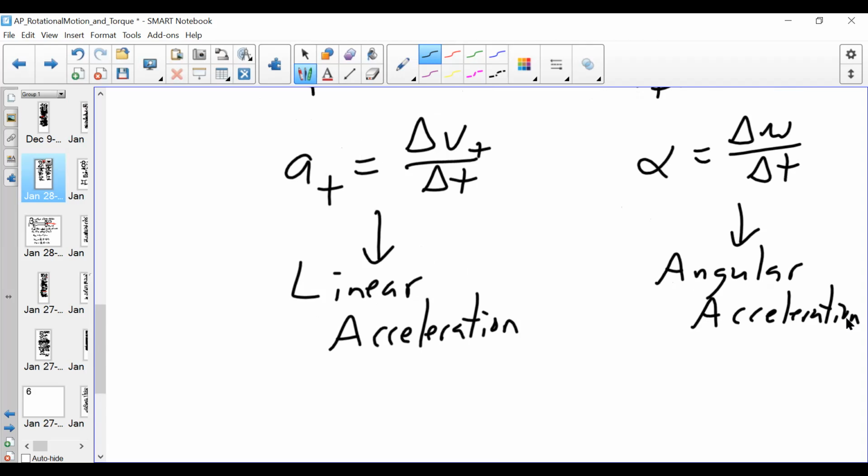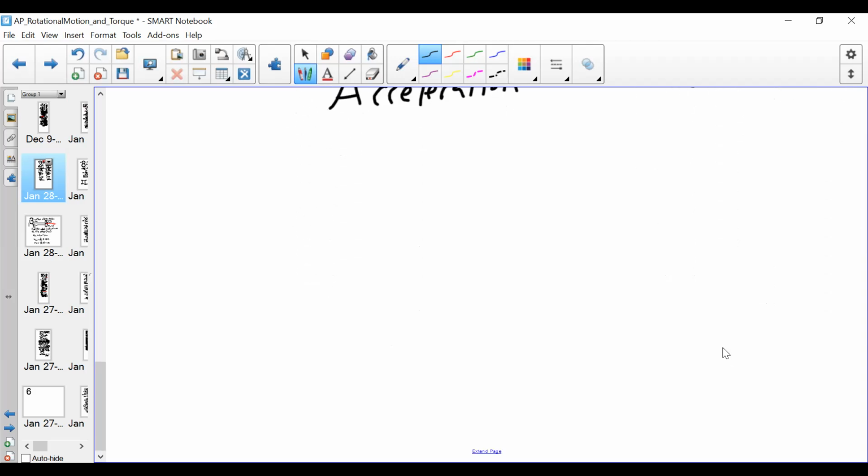There's a linear acceleration equation and there's an angular acceleration equation. So now what I want to do is just to marry both concepts and see them all at once. Okay, so we have the basic equations down. We have the rotational kinematics equations. We know what the linear kinematics equations are. So let's just see how they relate for an object under rotational motion.